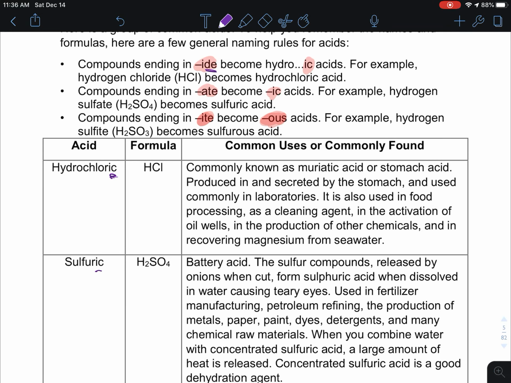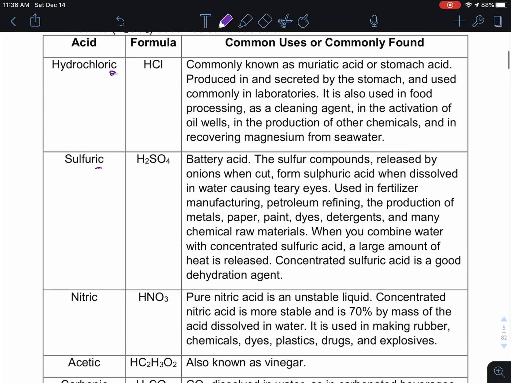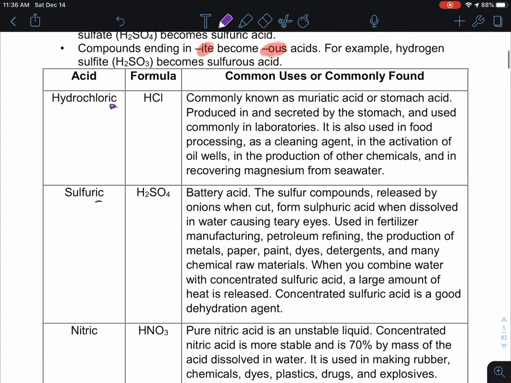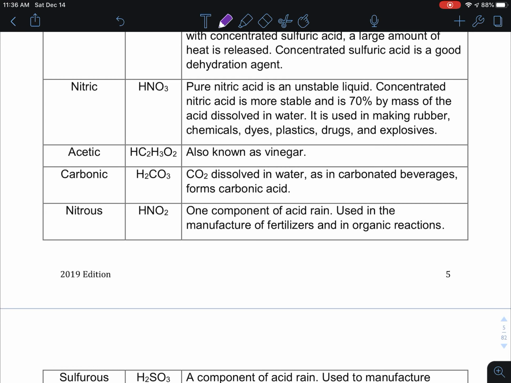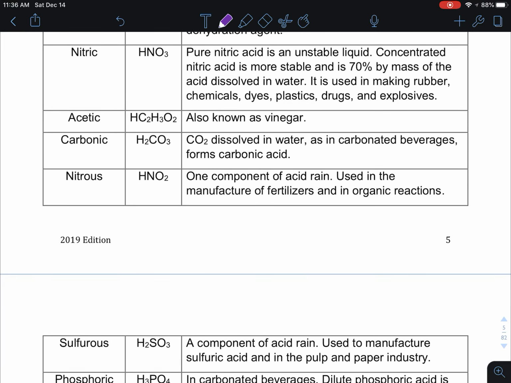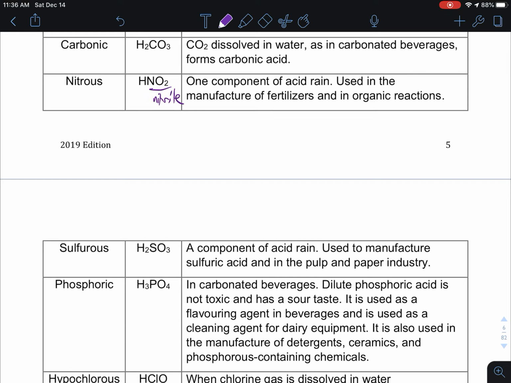That indicates that it's an acid. This is the strange part about acids and bases, is that acids have all these rules for naming. So sulfuric acid, hydrochloric acid, nitric acid, acetic acid. There's nitrous acid, which comes from nitrite. This is nitrite. And this is sulfite, SO3, this is sulfite.